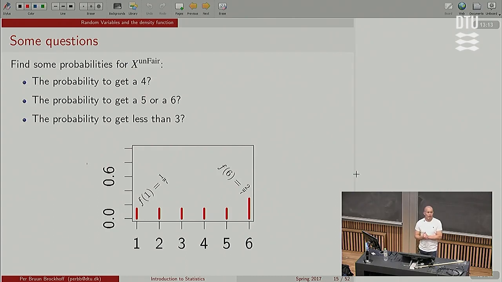Let's not do it in R now, but let's do this little exercise here, since I already did the Kahoot on densities with you. So let's do a little questionnaire here and see if we can solve this. For this unfair probability density distribution, what's the probability to get a 4?